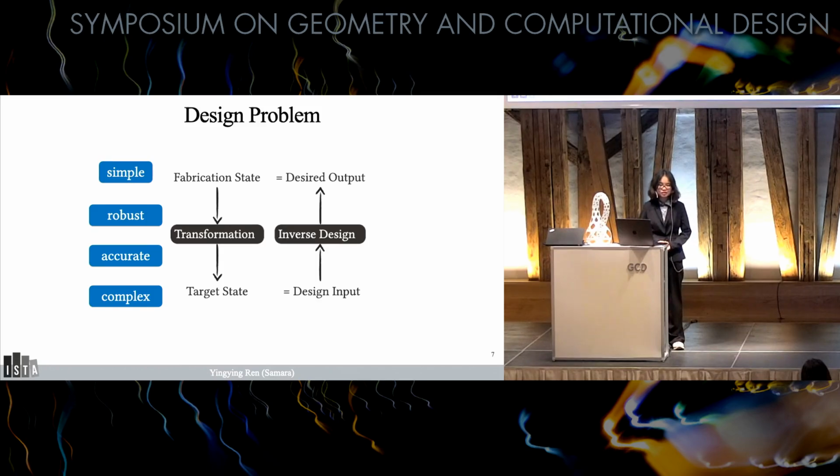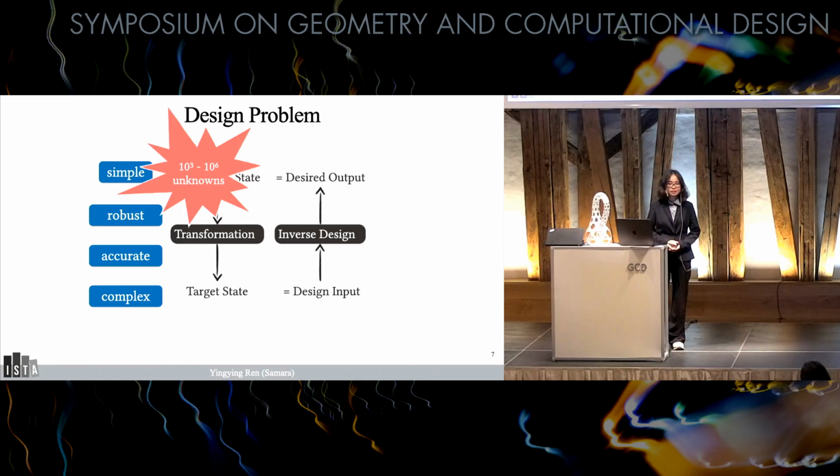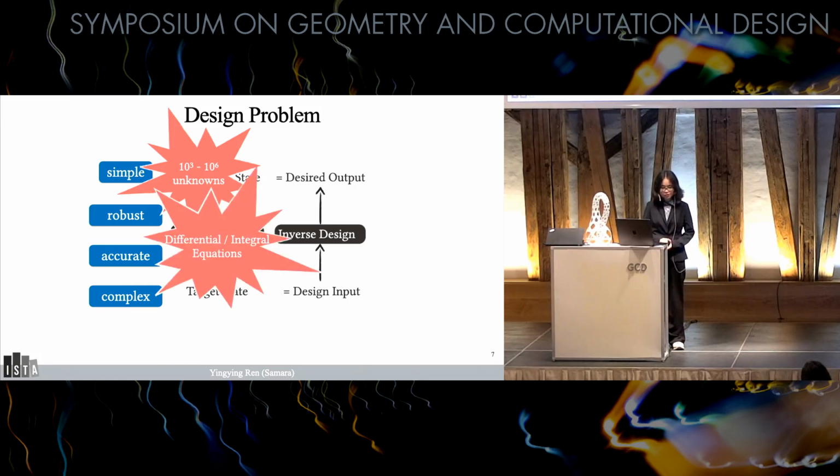To see some of its complexities, we first know that we usually have tens of thousands of design parameters, which means the traditional design process that involves trial and error is infeasible. The transformation process will often involve integral and differential equations. They can range from either simple kinematic foldings or complex chemical reactions. And these equations are often high-dimensional and highly nonlinear.